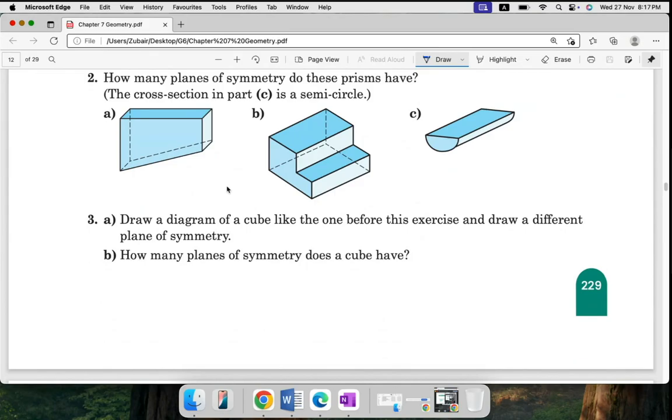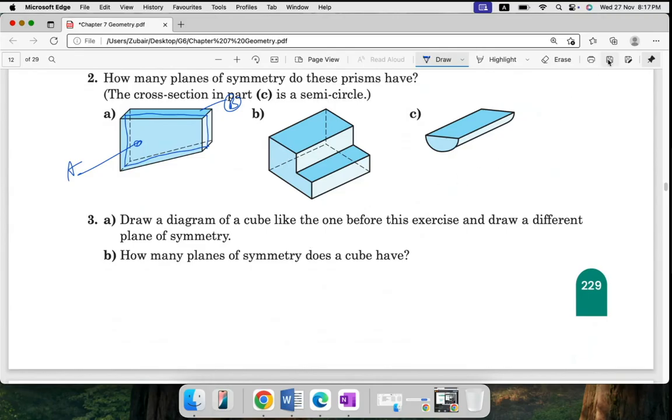Consider the plane as a knife. If I just slice it this way, throughout the shape, we will have two shapes, one on this side and the other on the back side, and we don't have any other plane for this shape.